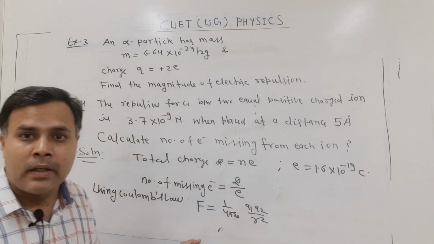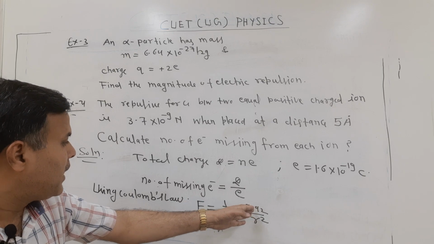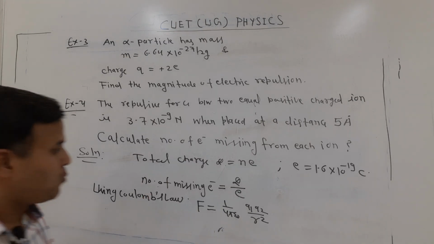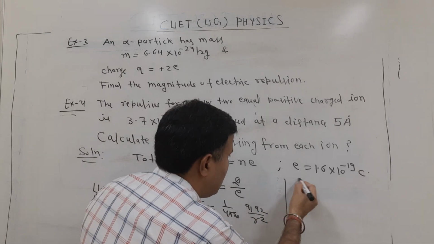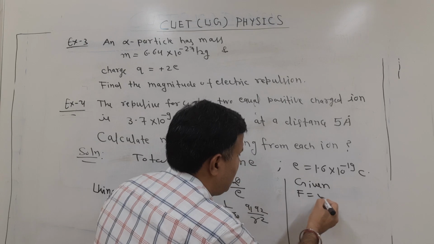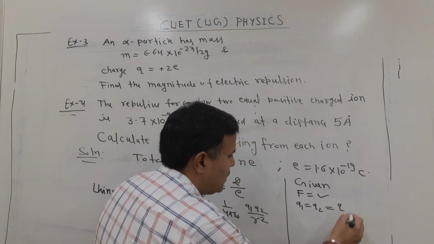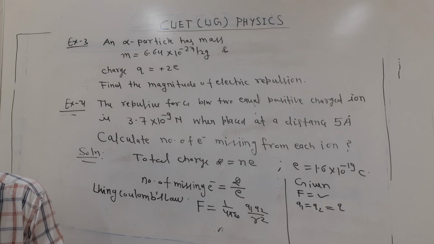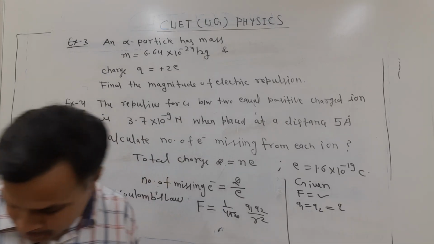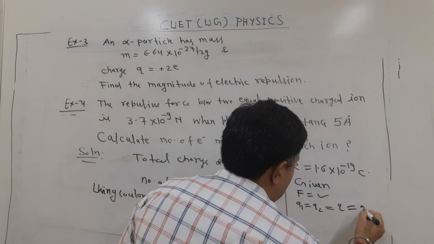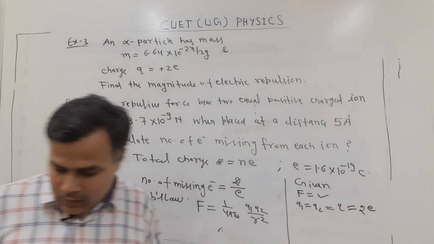In this case Q1 and Q2 are both Q, which is twice of E. Given that F is given and Q1 Q2 is equal to Q, which is twice of E.